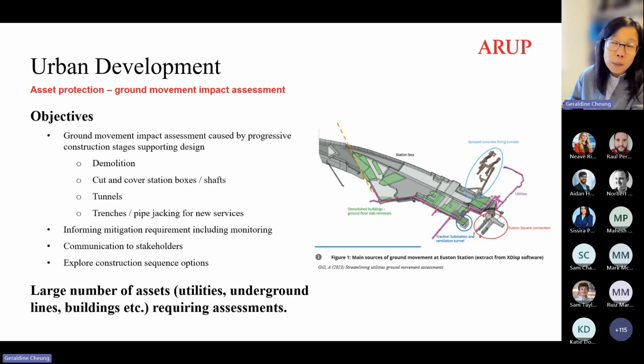And it's not only supporting the design, we also need it to understand whether any mitigation is required, and also to give us a lot more information to develop the monitoring process, as Sam was talking about as well. So the key is that we need tools to be able to calculate the movement and communicate to the stakeholder as well as the approver of the design very easily.